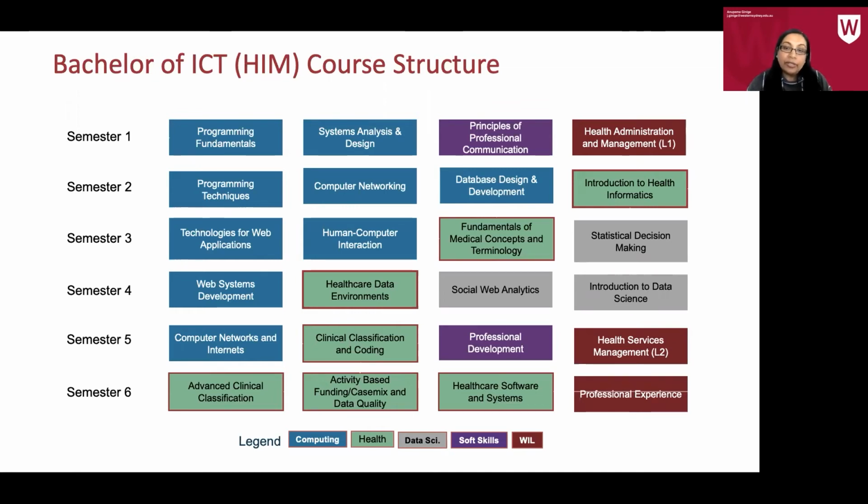Then in addition to that, you can see these green boxes, which I didn't talk about before because I wanted to highlight that. If you look through these green boxes, you could see a number of things, like, for example, fundamentals of medical concepts and terminology, and things like clinical classification and coding and advanced clinical classification.